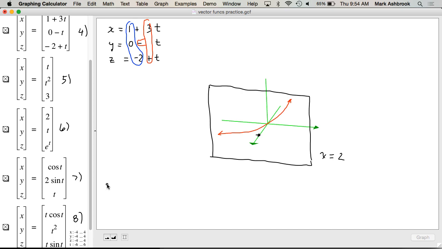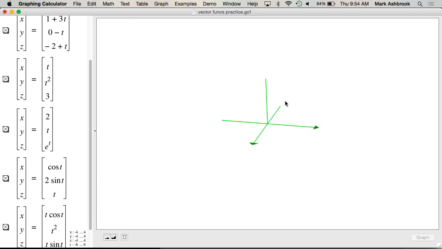But as t increases, we go around that ellipse, and then what does z do? It goes up. So what are you going to get? An elliptical spiral that goes up. So this is the kind of thinking where you have to use different things. The projection is something like this, twice as wide in y as it is in x.